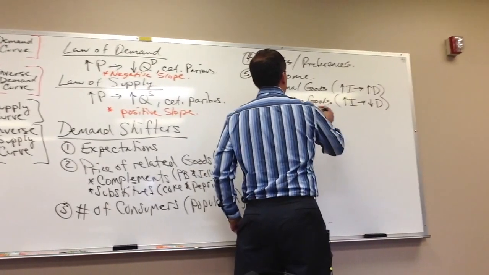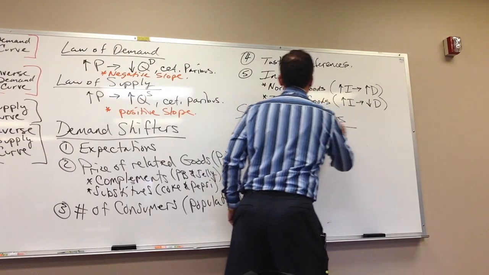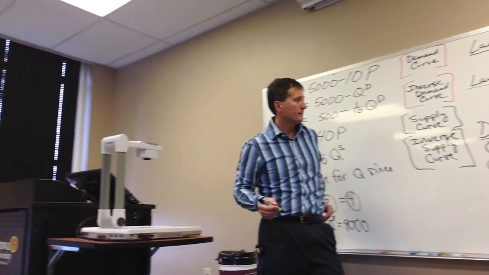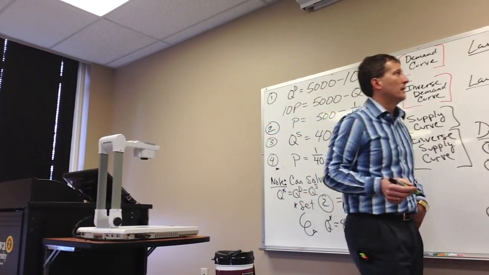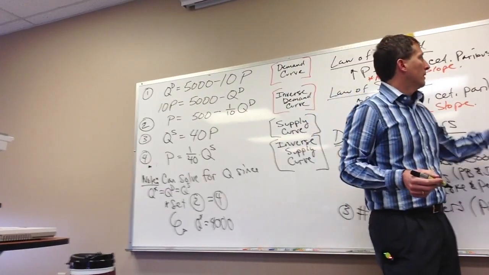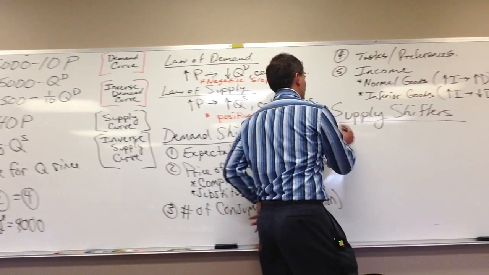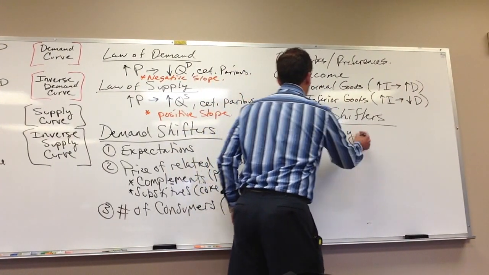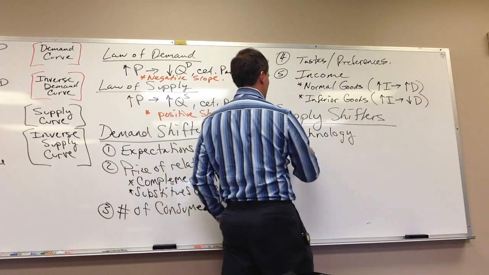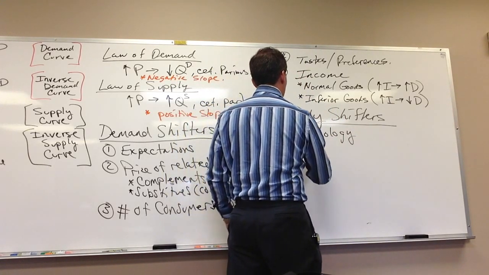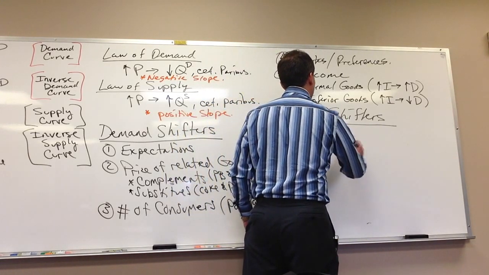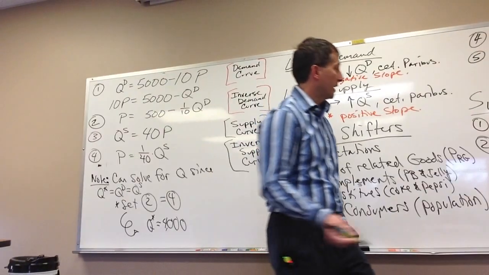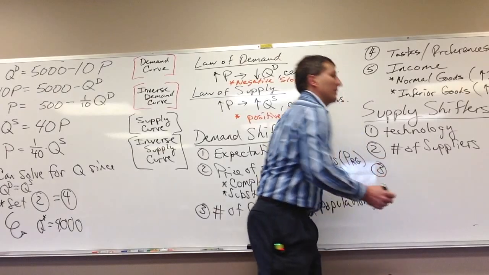Supply shifters. One was technology. Two was number of suppliers, these are just ones that we already mentioned. Three was on our example. What was that one more generically?